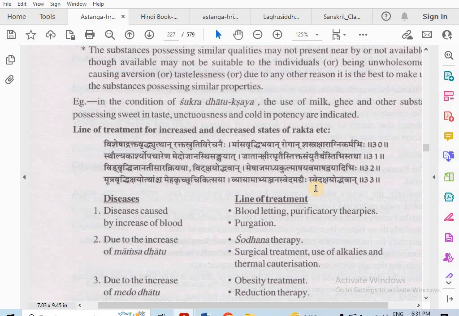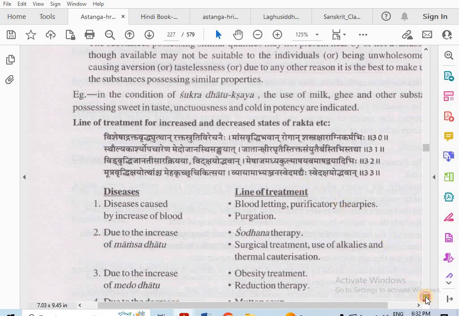Then what treatment is to be done for those diseases? Here they said: vyayama, abhyanjana, sweda, madhyehi. First is vyayama, exercise. Second is abhyanjana, massage. Obviously, when the sweat mala is decreased in the body and related diseases occur, then we should take the treatment: first exercise, second abhyanjana, massage, and then sweda, and then madhya, which means liquor.